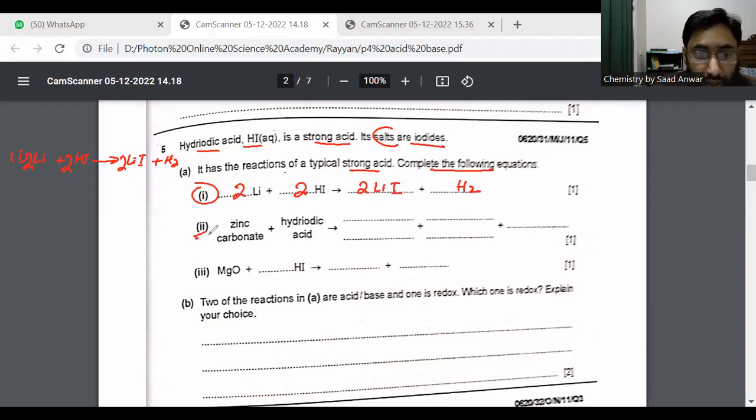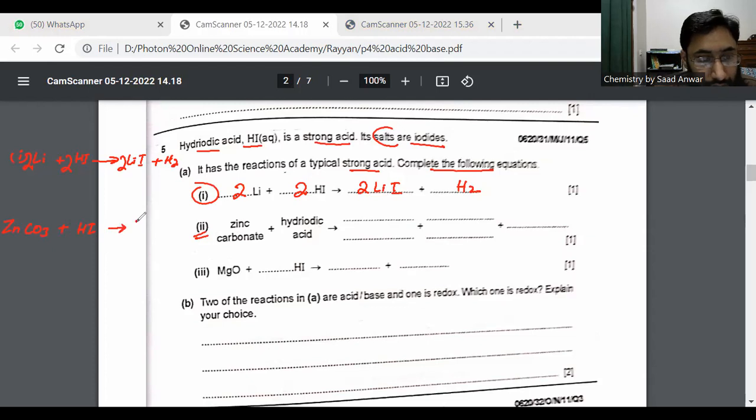The next is zinc carbonate and hydriodic acid. Zinc carbonate is going to react with hydrogen iodide, or hydriodic acid.